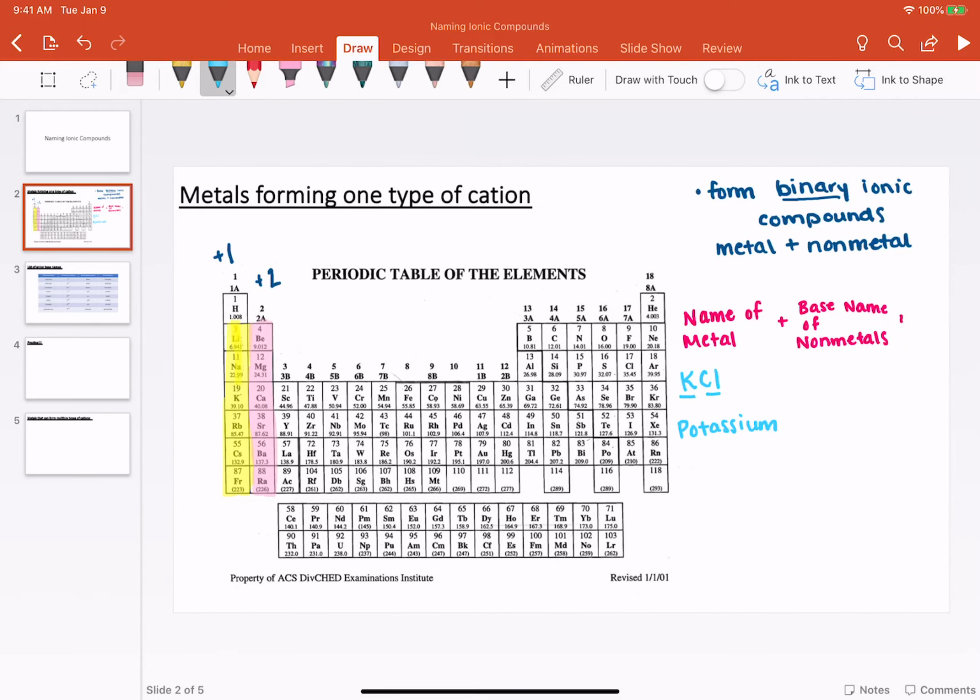Cl is our nonmetal. That is chlorine. And the base name of chlorine is CHLOR, chlor. And then we add IDE at the end. It looks like that got deleted a moment ago. So the name of this compound is going to be potassium chloride.